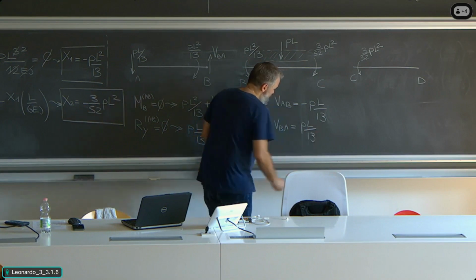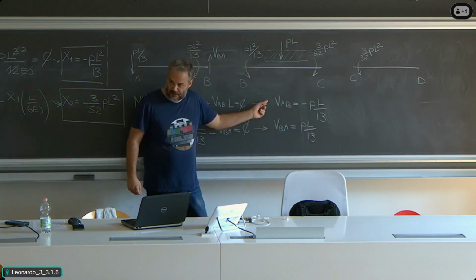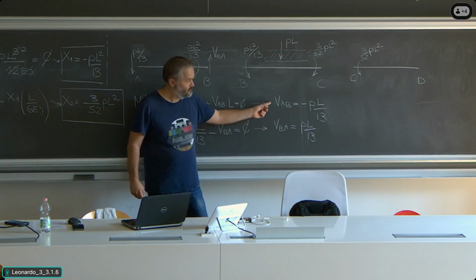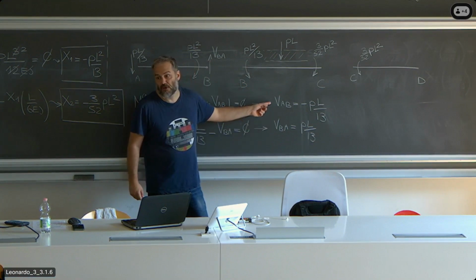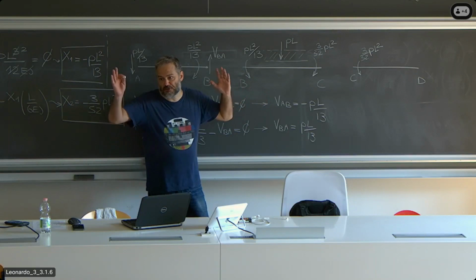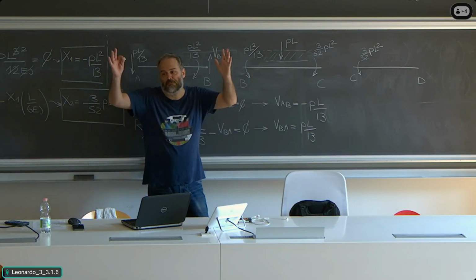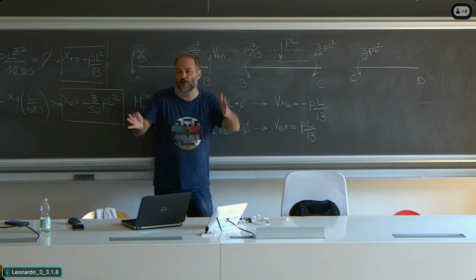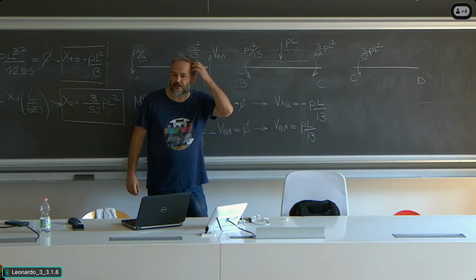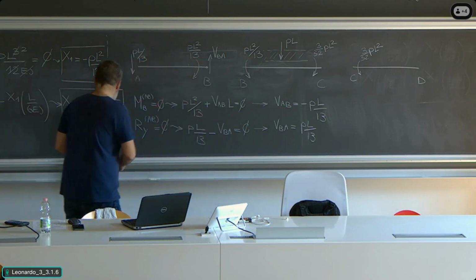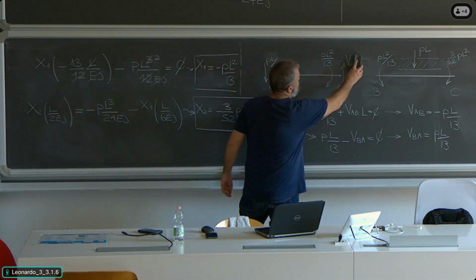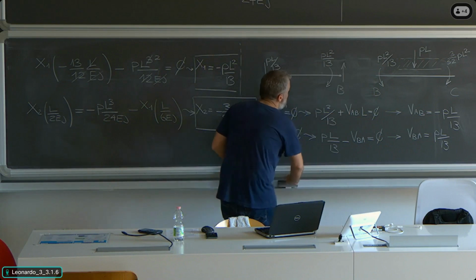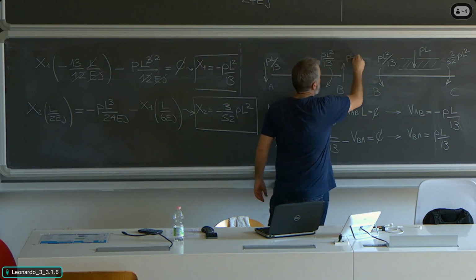Now, look at these two equations here. Obvious conclusion, if you have a span which is loaded only by a moment and by two forces at the ends, and you assume them both upwards, there is no way. One will be downwards, the other will be upwards. They will both make equilibrium to each other. In our case, what we can do is to replace this symbol VBA by PL divided by 13.